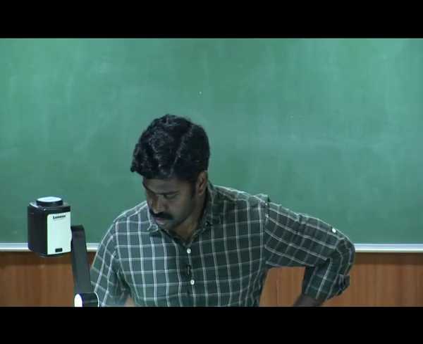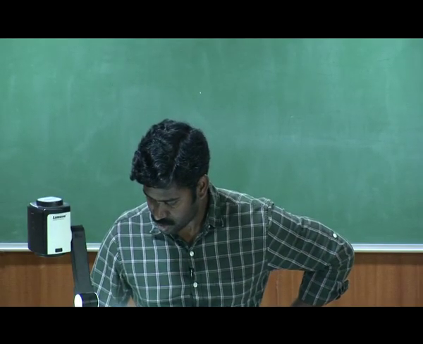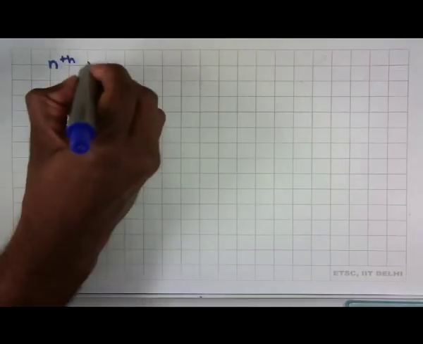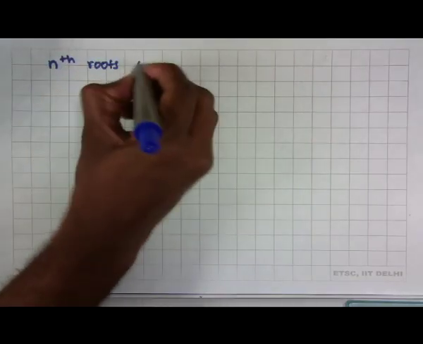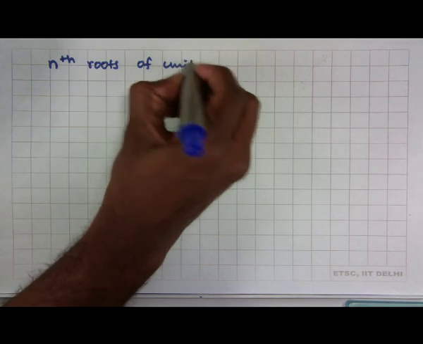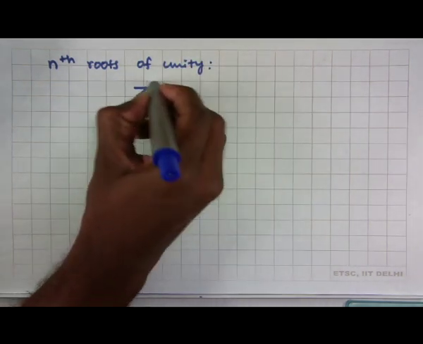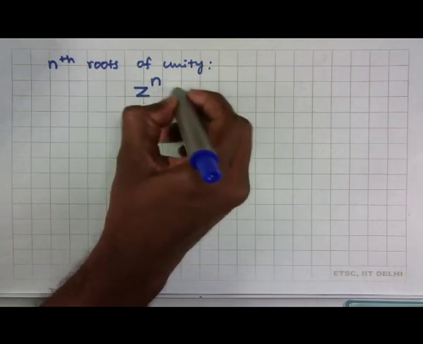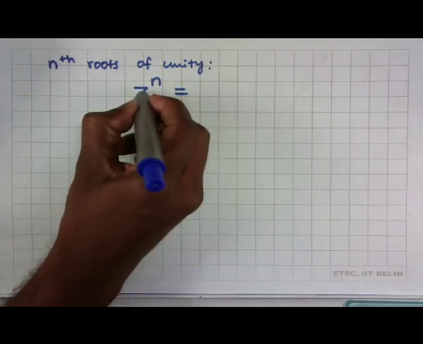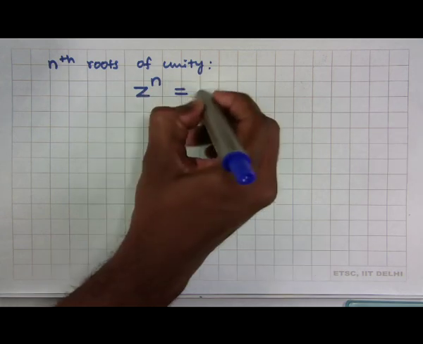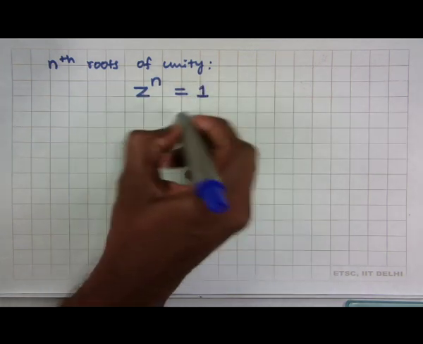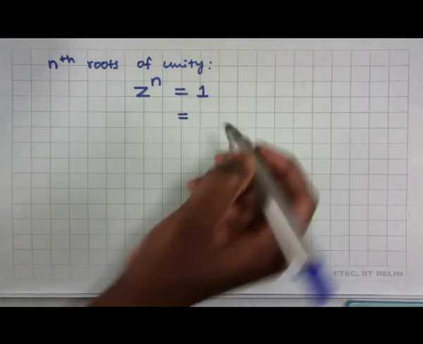So, our interest is to find the nth roots of unity, which means that we are interested in a complex number whose nth power gives 1. Now, try to use whatever we have observed.